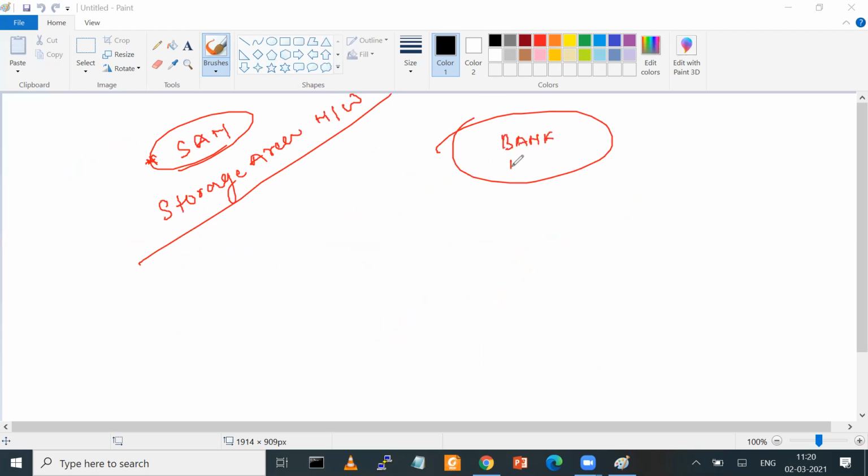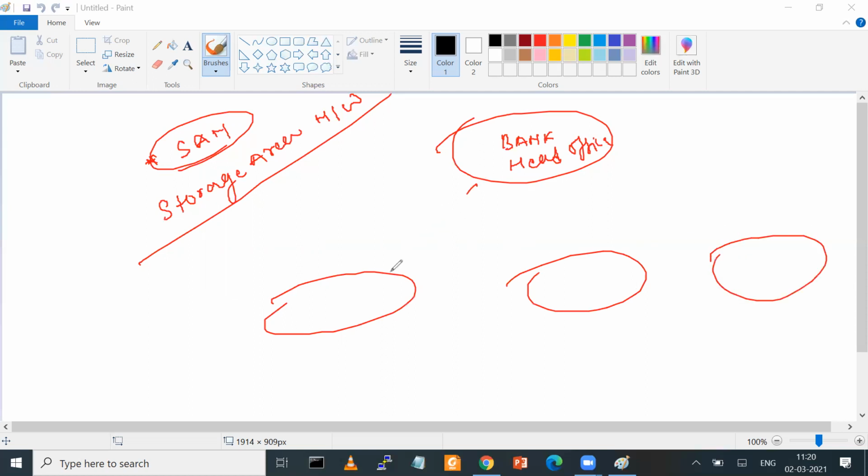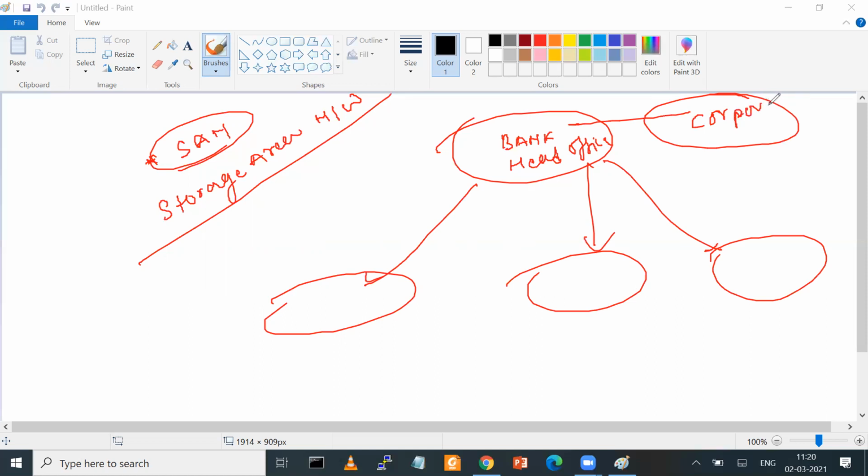This is my bank head office, and the head office is connected with branch offices. The head office is further connected to the corporate office. And this is my branch 1, branch 2, branch 3.